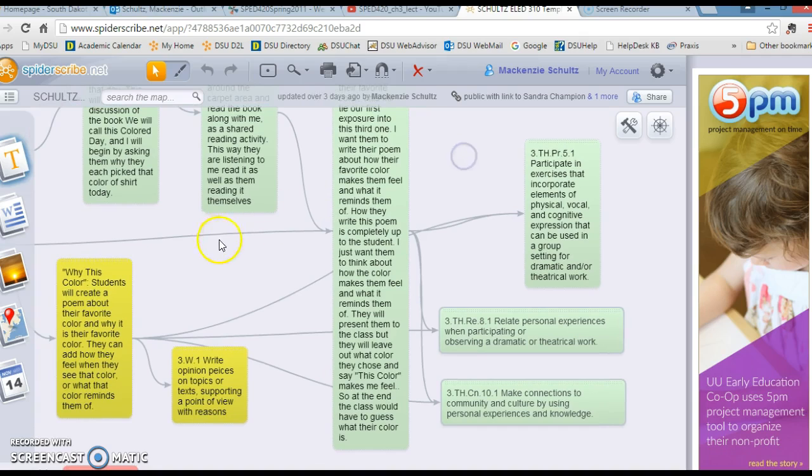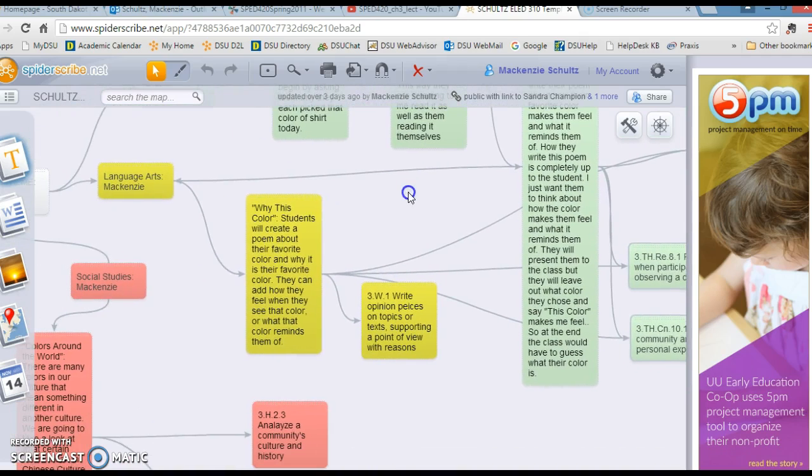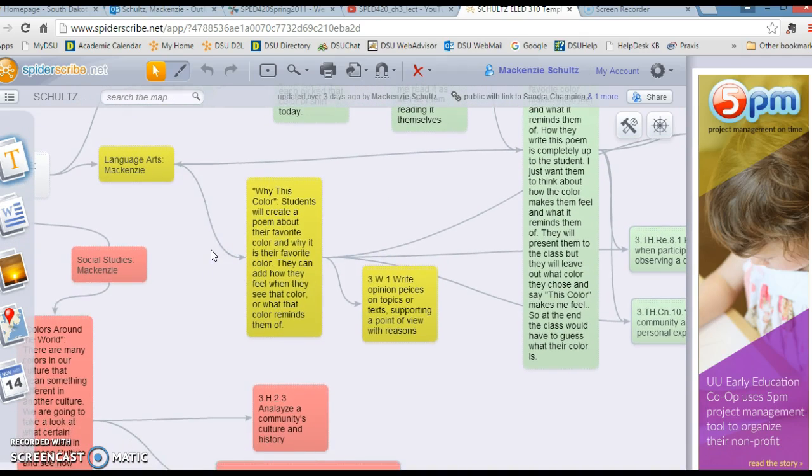The drama unit ties into the language arts unit because in language arts we'll actually be writing the poem, and that's where we'll perfect it. We'll do all of our grammar techniques and get it to a perfect poem so we can do more things with it.